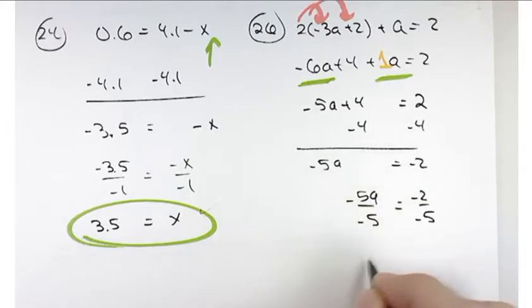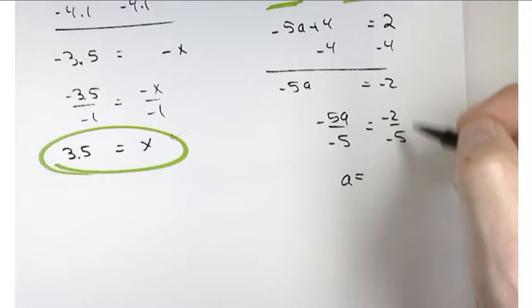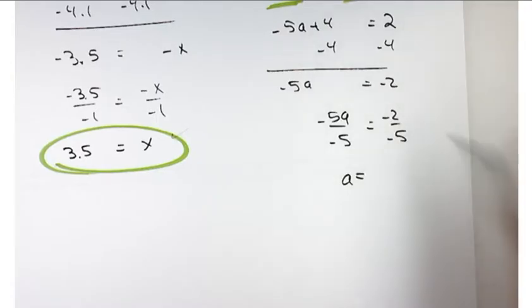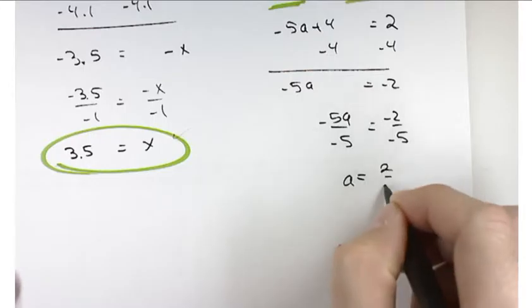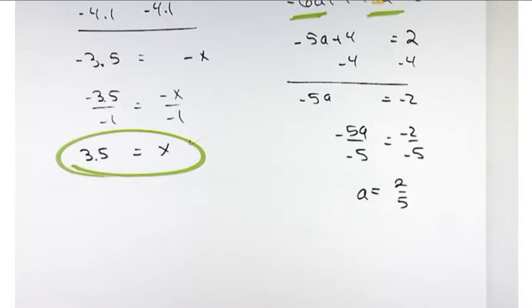Well done. So, what happens when I divide negative 2 by negative 5? What do I get? Positive. Yeah. 2/5. Pretty nice. Pretty nice. How are we looking on problem 26?